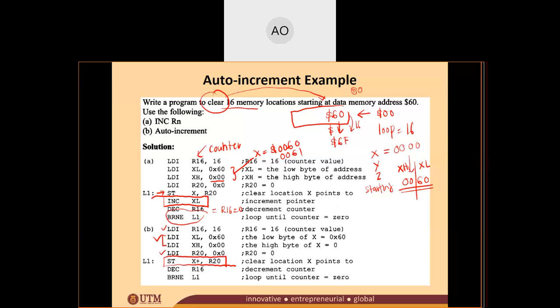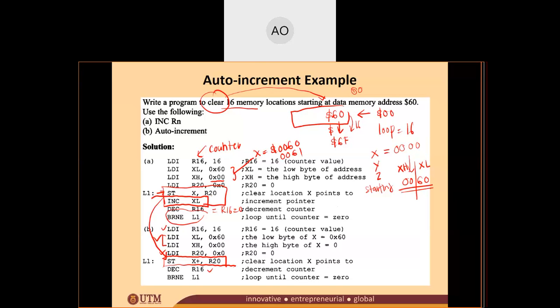Instead of using 2 instructions, you reduce it to 1 instruction only. Above you use 2 instructions, but this one uses only 1. Decrement R16, of course, you need to decrement your counter, and then branch not equal. If your R16 is not equal to 0, it will keep looping.